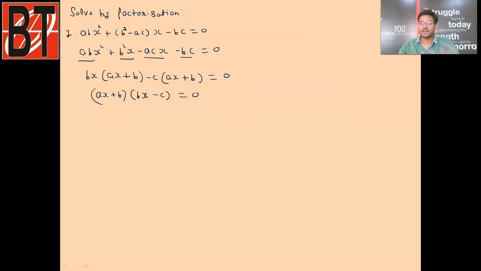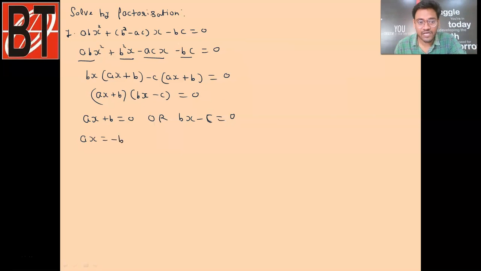Now students, the equation is factorized, so just equate each factor to 0. So either ax plus b is equal to 0 or bx minus c is equal to 0, because the product of these two brackets is 0, which means either this is 0 or this is 0. So if I simplify this, ax is equal to minus b, or I will be getting the value of x as minus b by a.